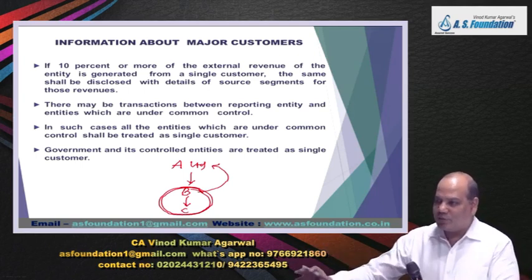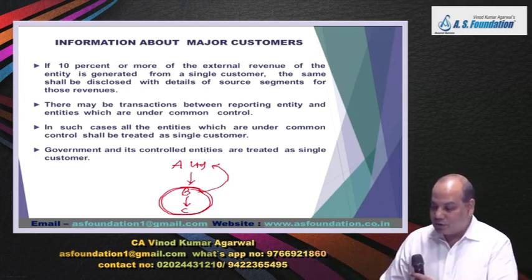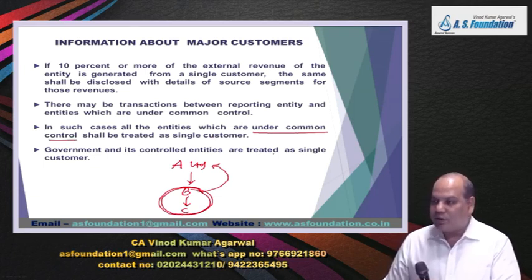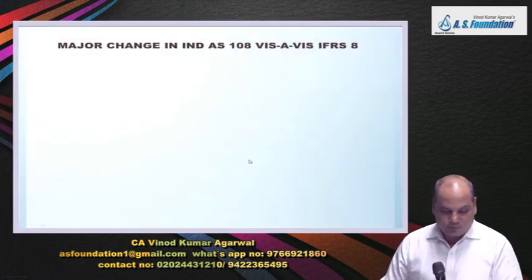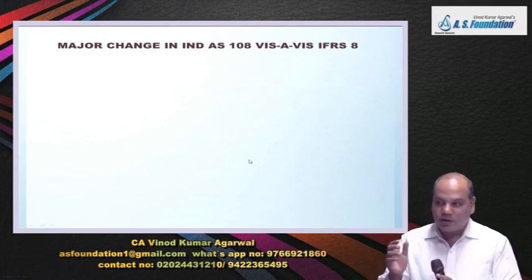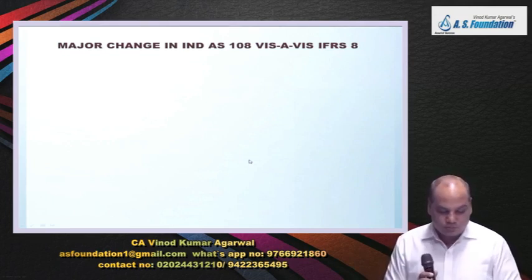Some in the name of B, some in the name of C. But then the standard says if they are under common control, then they shall be treated as a single customer. This word common control we'll discuss later. Government and its controlled entities will be treated as a single customer for identifying whether this 10% criteria is applicable or not.